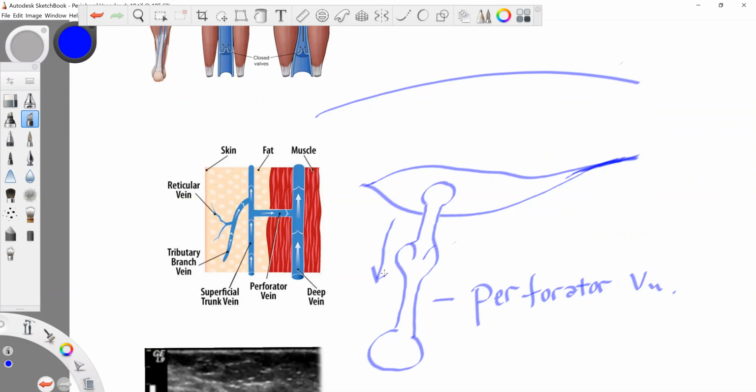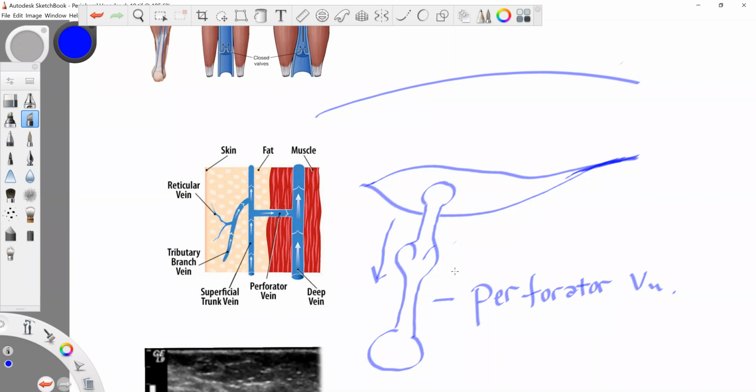These guys are a little more important. So anytime with your mapping, if you see a perforator, you mark on the skin where the perforator is, and also we mark on the worksheet. So as a double whammy, because those are really important to know.